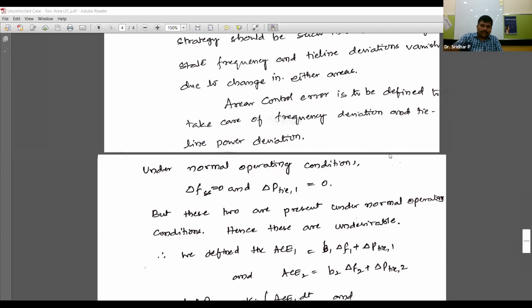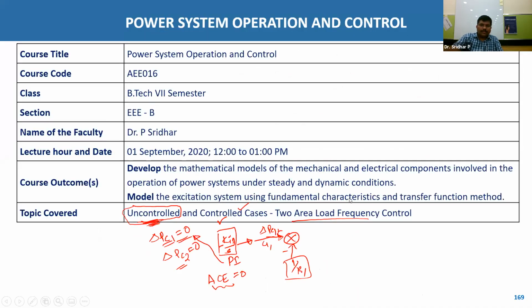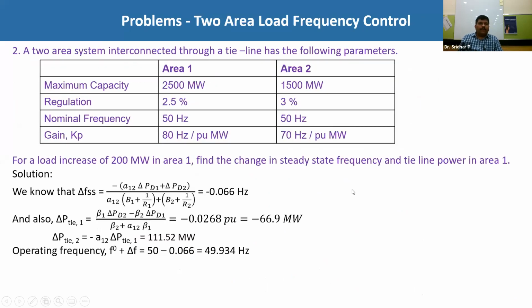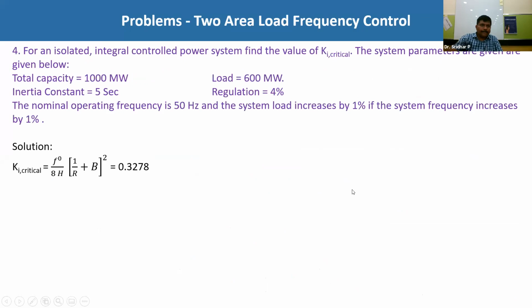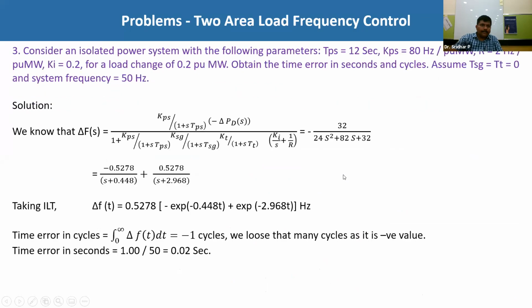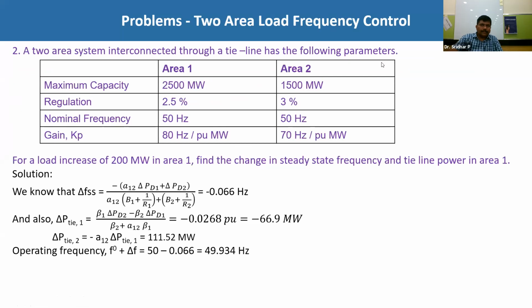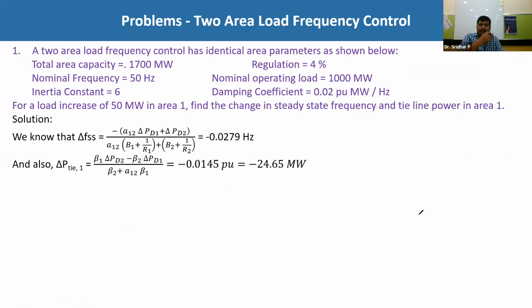So let me go back to some basic problems. So this is the one problem. A two area load frequency control has identical area parameters.